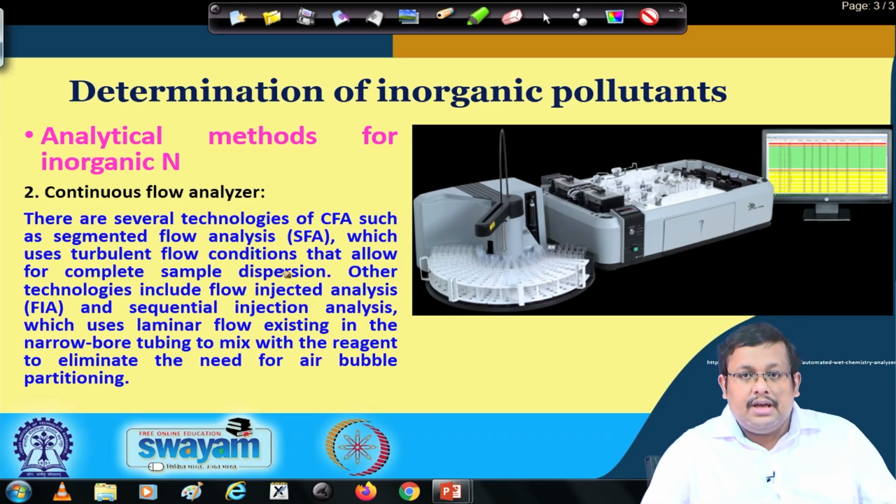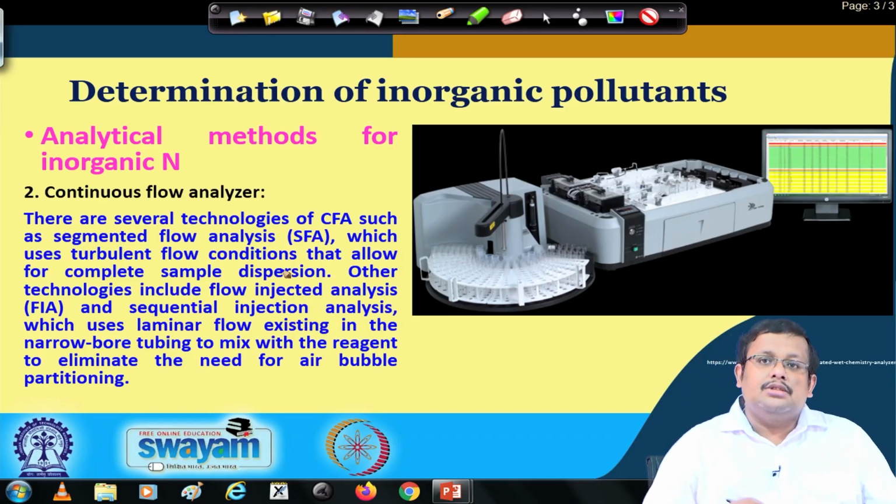So, this is called flow injection analysis, and the instrument is known as flow injection analyzer. So, this is one type of continuous flow analysis. Okay.